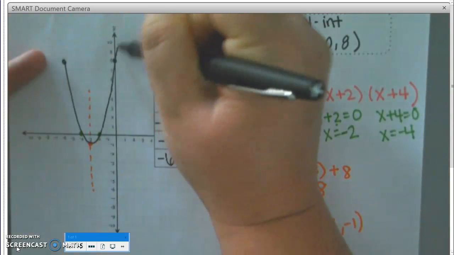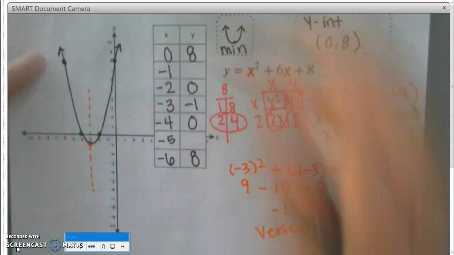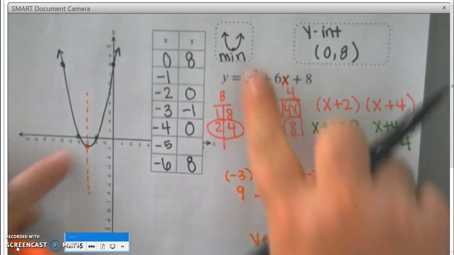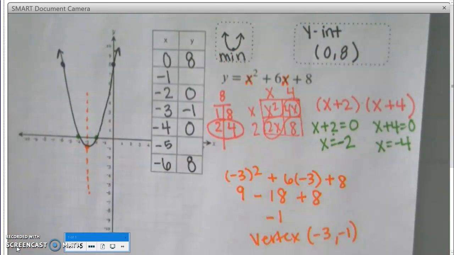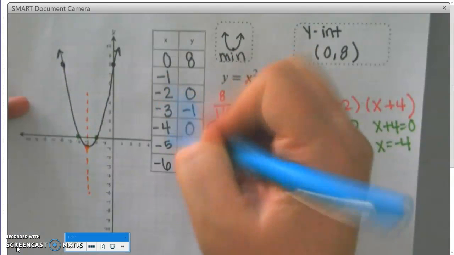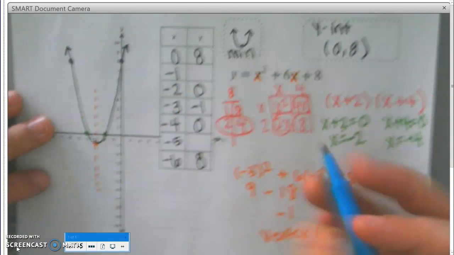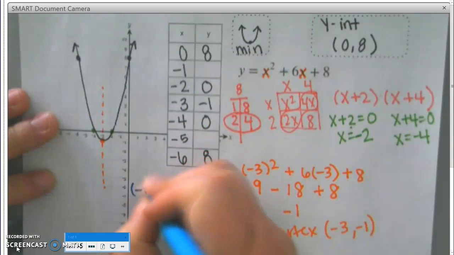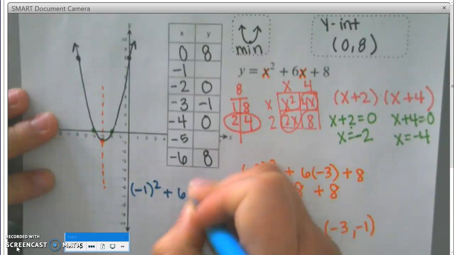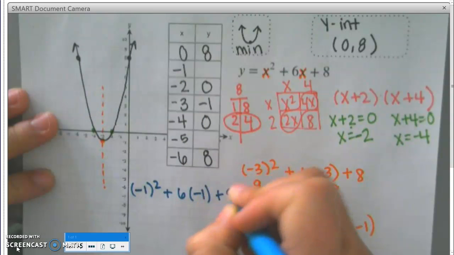And that's the same shape I thought it would make. For practice, I can take one of these and plug it in wherever I see x. I'm going to use negative 1 because it's smaller. So negative 1 squared plus 6 times negative 1 plus 8.